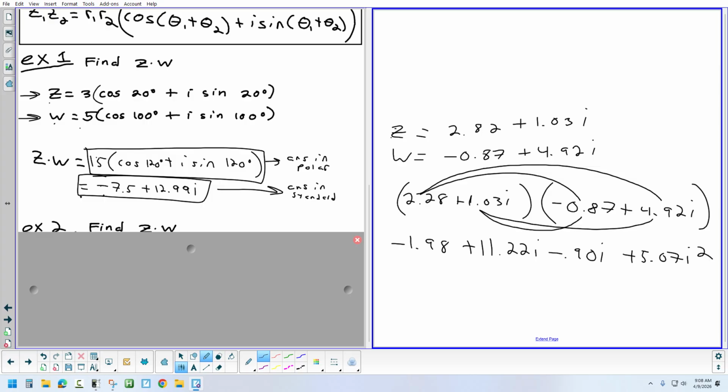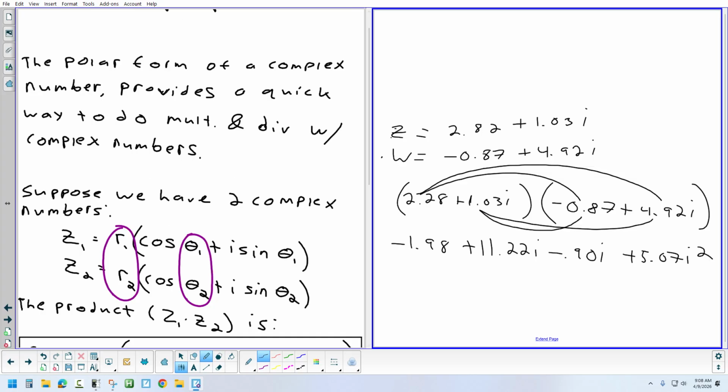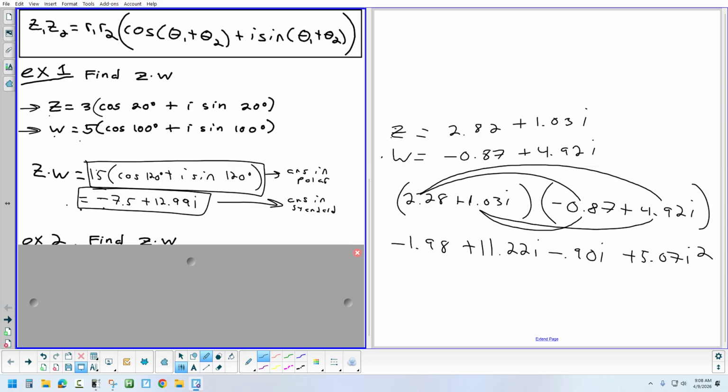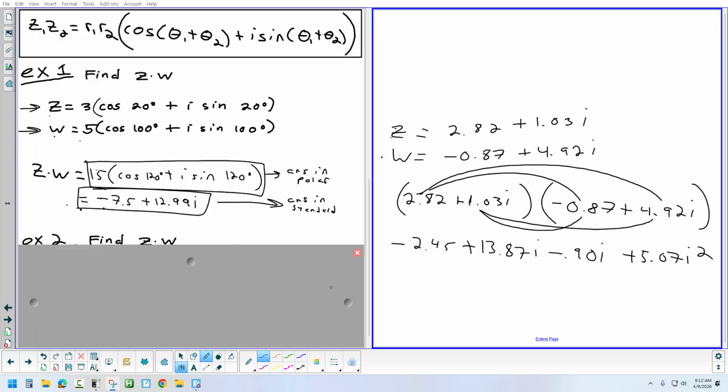So one of two things. I either made a mistake with one of these numbers, or I made a mistake with that number. Anybody see where we might have made a mistake? All right, so we fixed the mistake. Our mistake was we put down 2.28 instead of 2.82, so we had just switched two numbers.